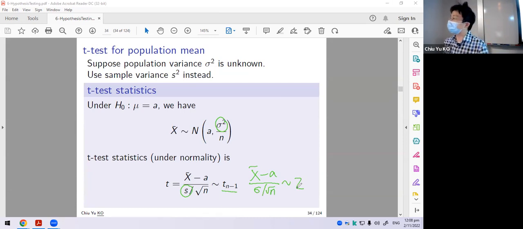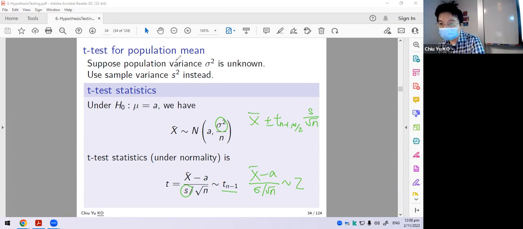That is what you learned in the previous class when we did estimation. When we did interval estimation, we used x bar plus or minus T n-1, alpha over 2, S over root n. Same thing here, you just take the denominator down there. So we've been doing the same thing here.